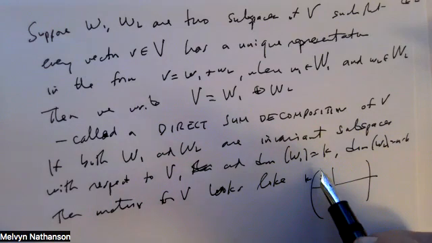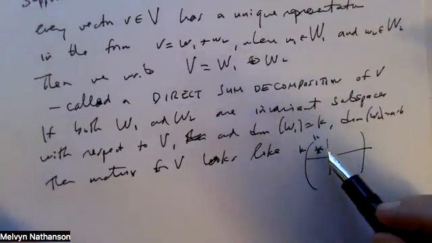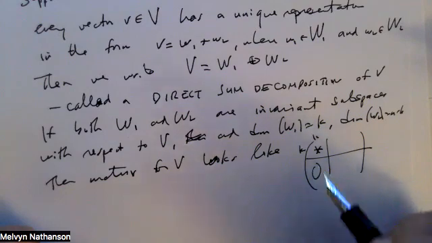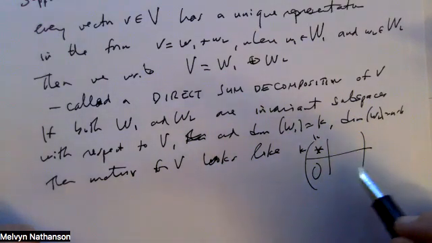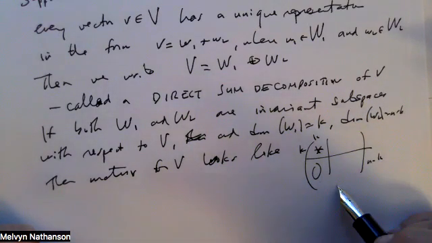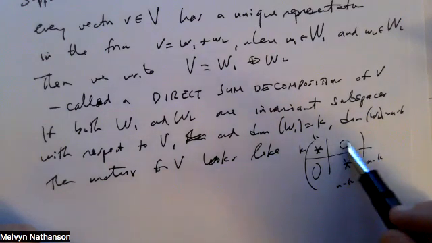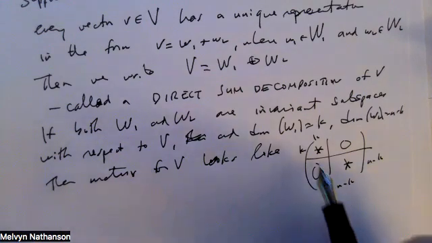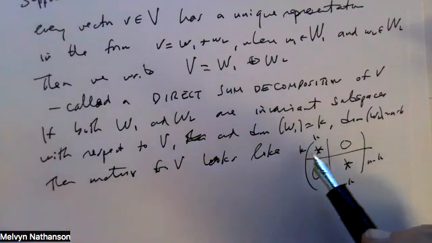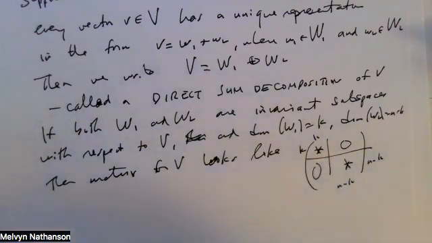Here we have a k by k square matrix in the upper left-hand corner. Everything under it is 0. Here we have an n minus k by n minus k square matrix in the lower right-hand corner, and everything above it is 0. So it's kind of like a diagonal matrix where down the diagonal you have two small square matrices.